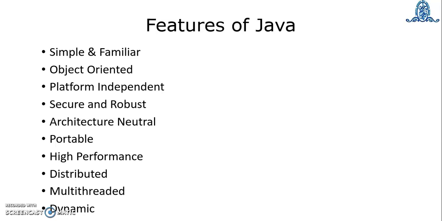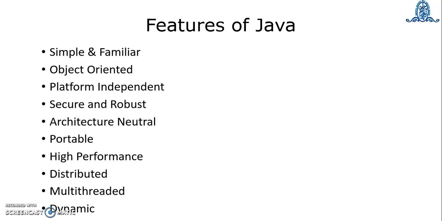These are the features of Java language. Now, let us see them one by one. First is simple and familiar. Java is a simple language because it supports all the syntax used in C and C++ language.